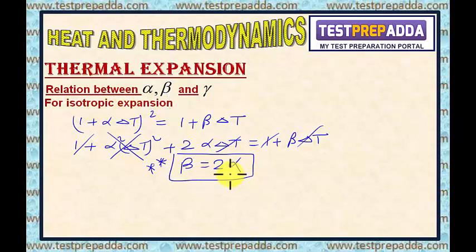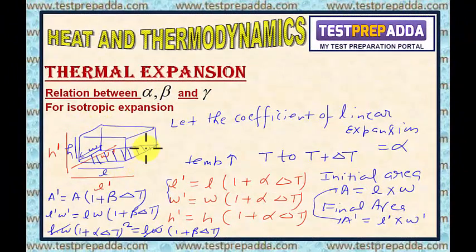This point is clear? Now we will try to find the relation between the coefficient of volume expansion and the coefficient of linear expansion. Students, look at this cuboid again. Here if I ask you what will be the initial volume, it will be L into W into H. And what will be the final volume? Final volume, let us say V dash.